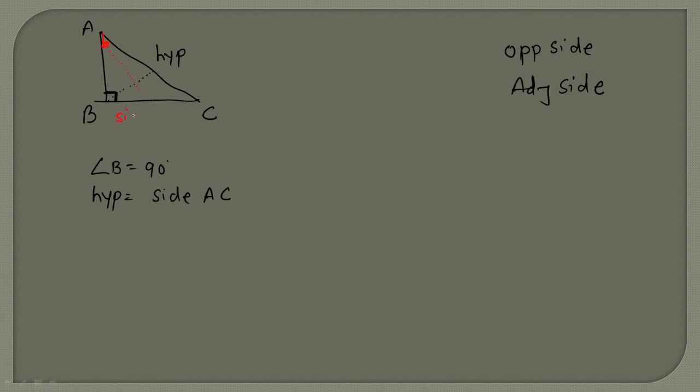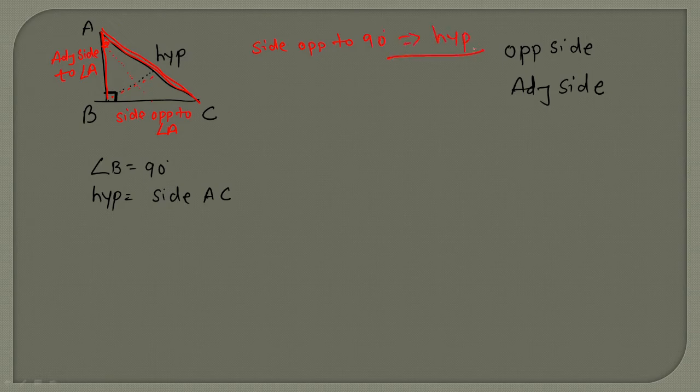So this I can write as the side opposite to angle A. And this side is the adjacent side to angle A. And this side is the hypotenuse, because this side is opposite to 90 degrees.